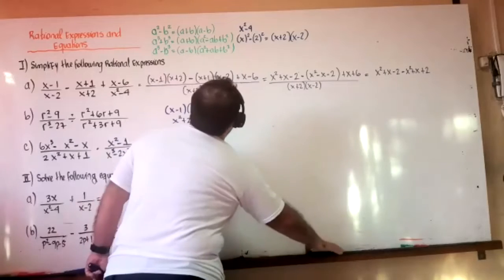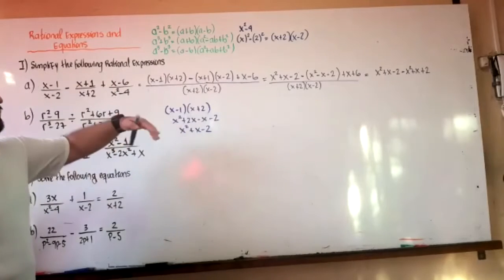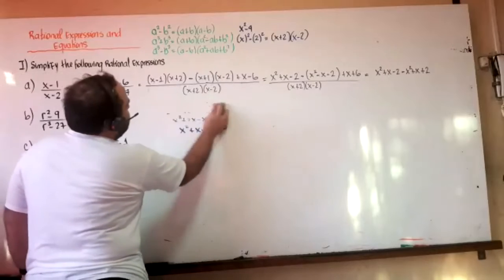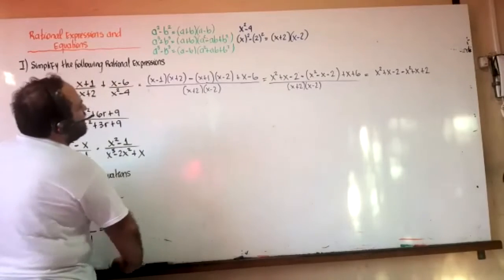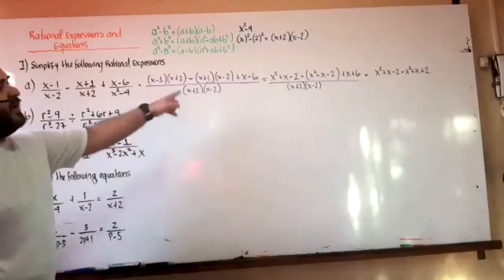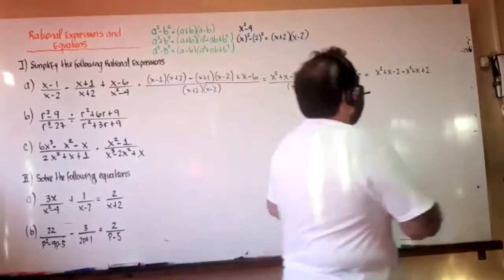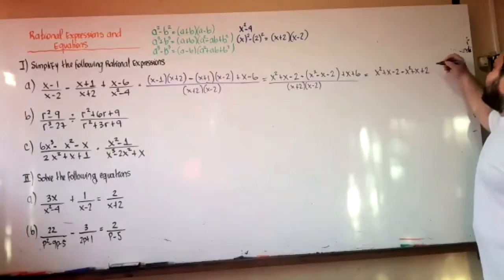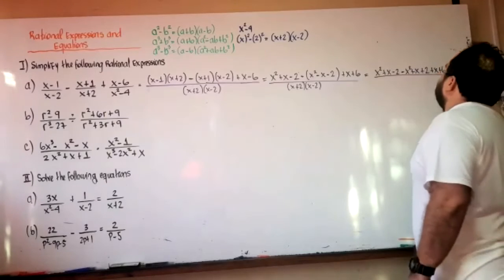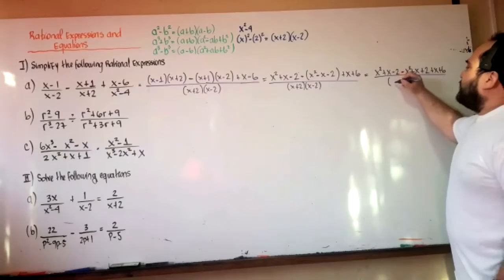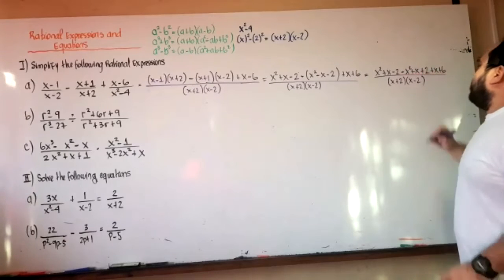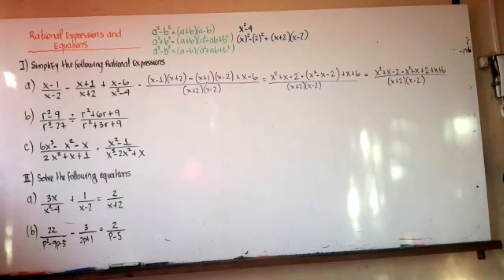Because on this part, I know everybody can multiply now using the distributive property. That's why I'm skipping one minuscule process. And finally, we got x minus 6. Sorry, x plus 6. So divided by x plus 2, x minus 2. Let's see if we got like terms.